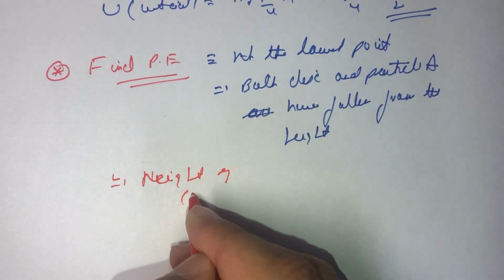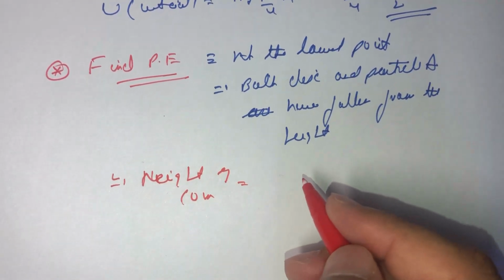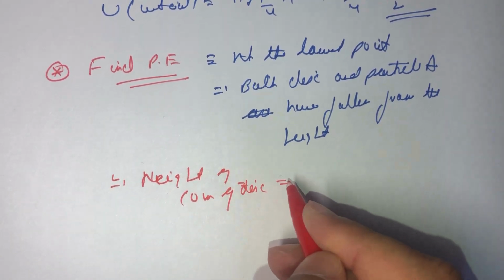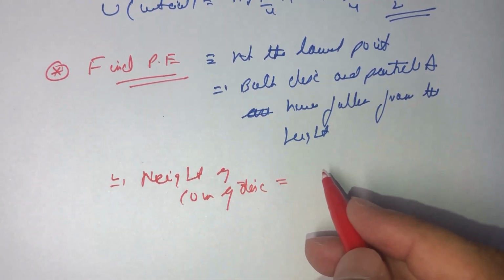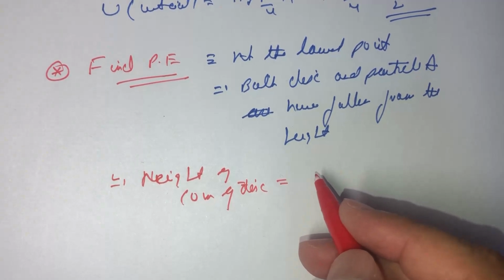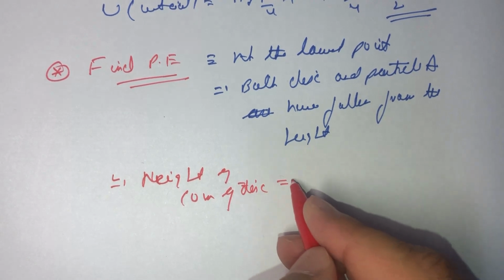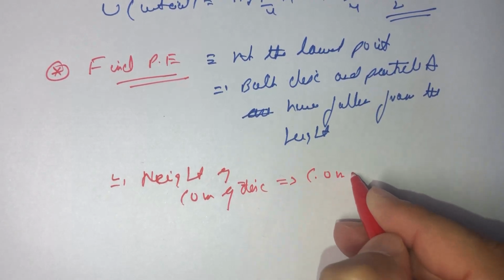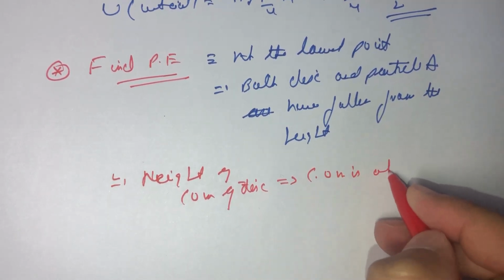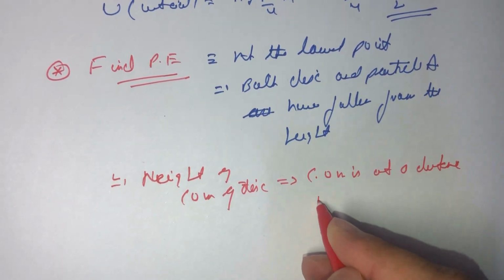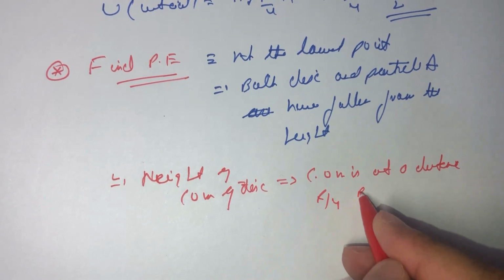height of center of mass of disk will be equal to, now the center of mass is at a distance r by 4 below PQ.